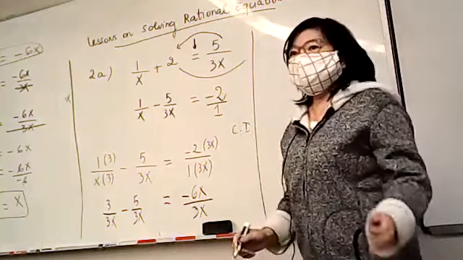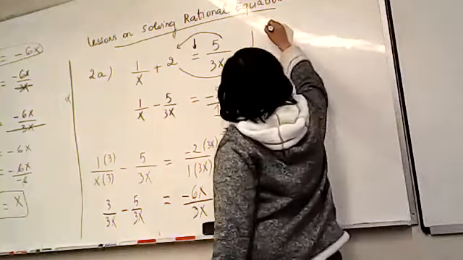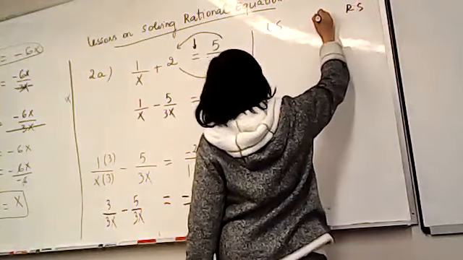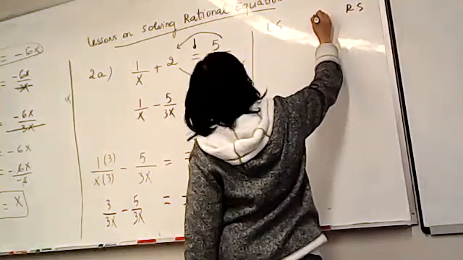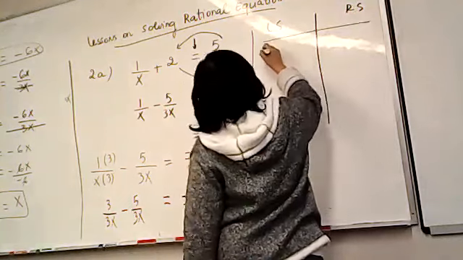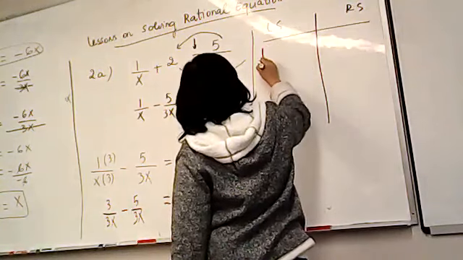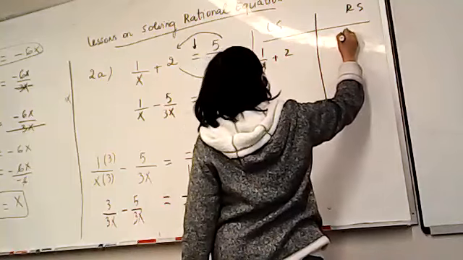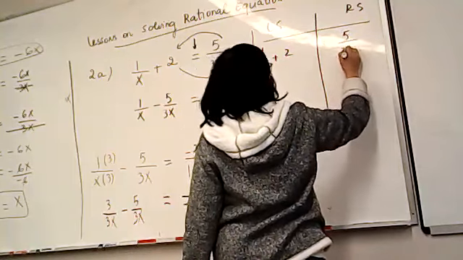Okay. Now, let's verify. Left side, right side. The left side is 1/x plus 2. The right side is 5/3x.